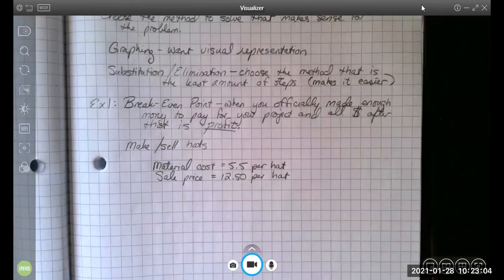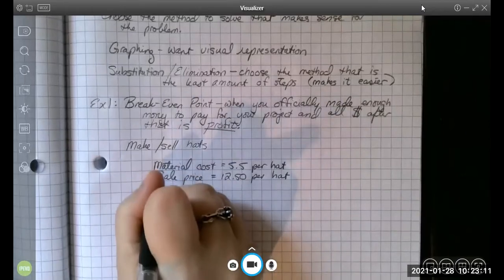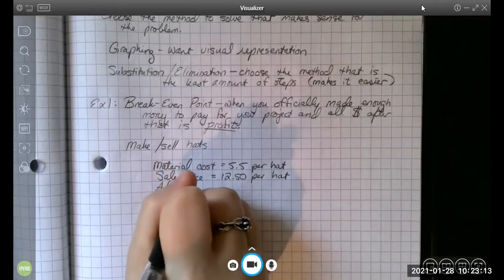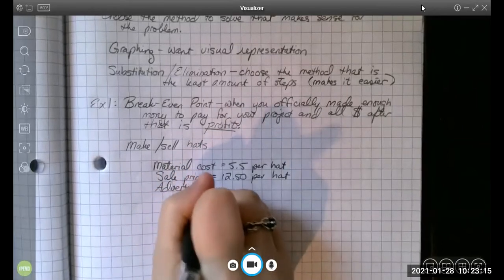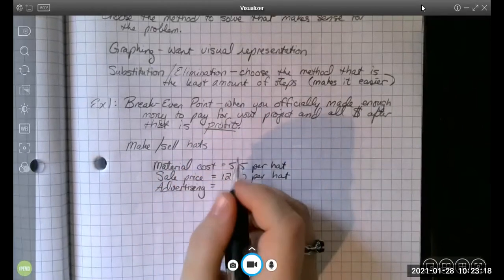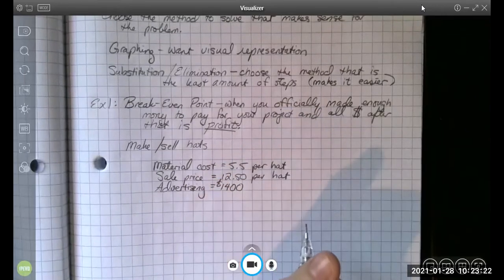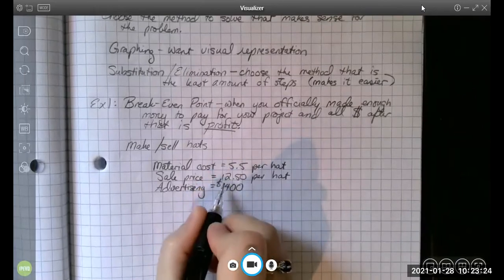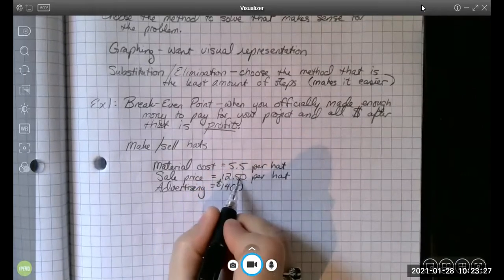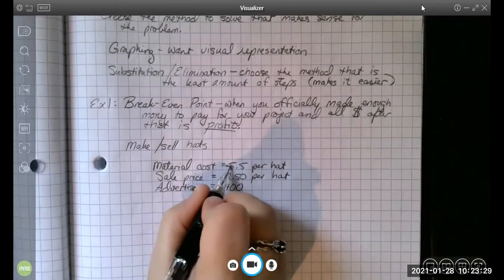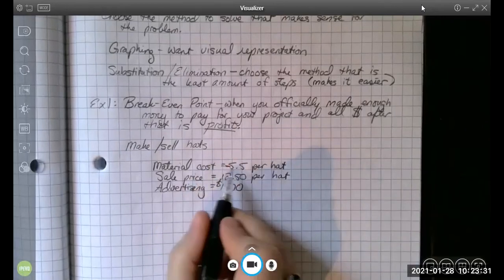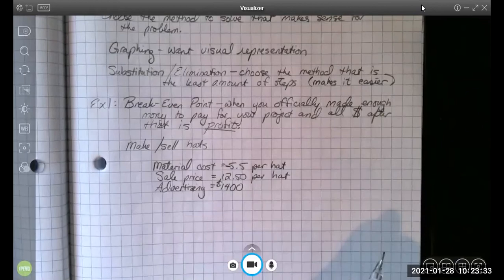All right, the designer spends $1,400 on advertising. So we have advertising because no one will buy a hat if they don't know it exists. And that's $1,400. Now, I'm going to put signs in here. We're gaining $12.50 per hat, but we're losing $5.50 per hat because of how much money it costs to get the materials for it.